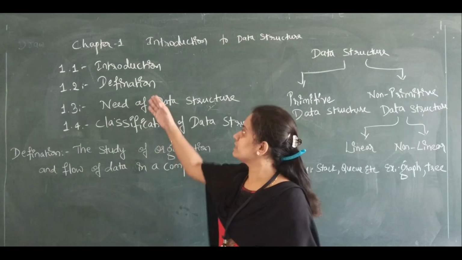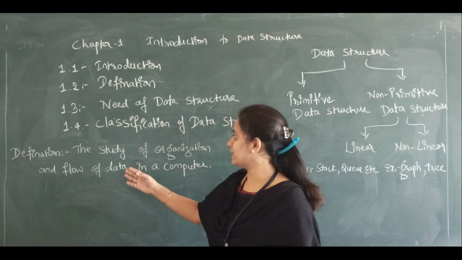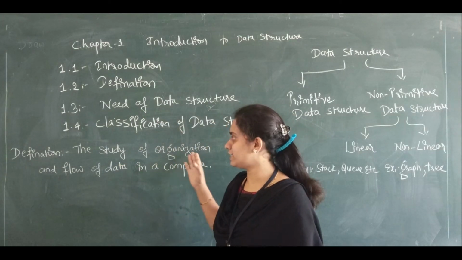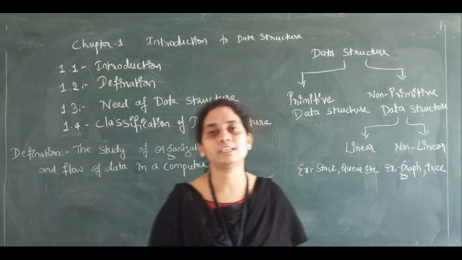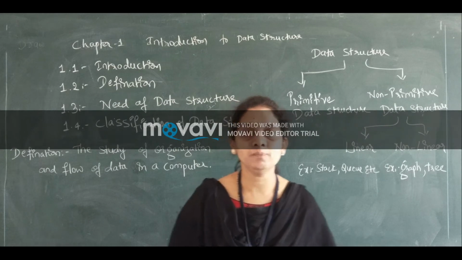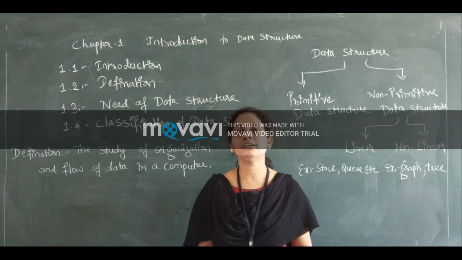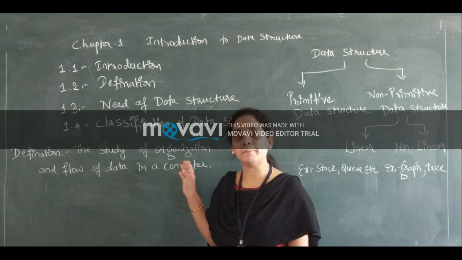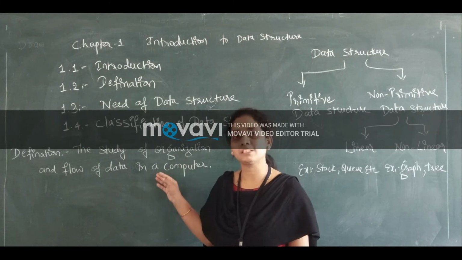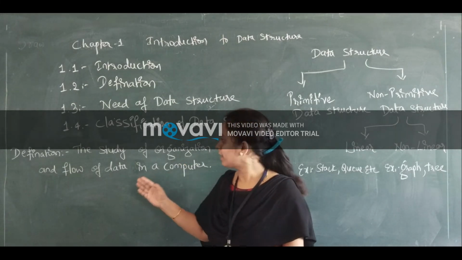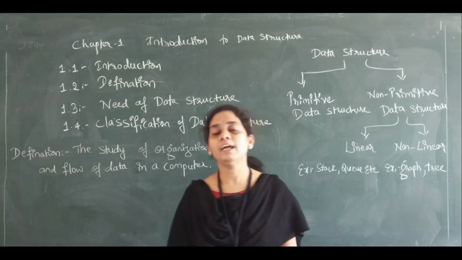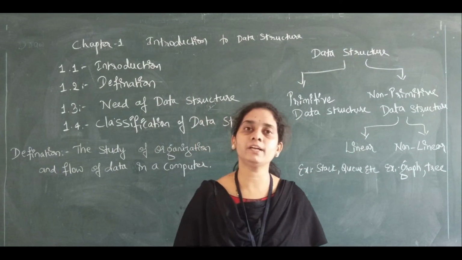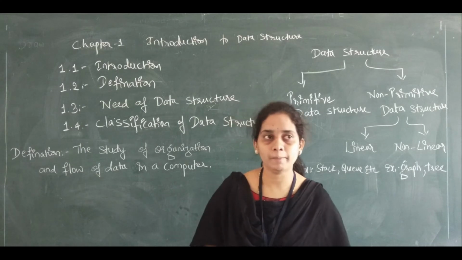Next, what is the definition? The study of organization and flow of data in a computer is called a data structure. Here we are going to study how the data will be stored in our memory and how we are giving a structure to that data. And the flow of data means how we can access or retrieve the data from the stored memory.